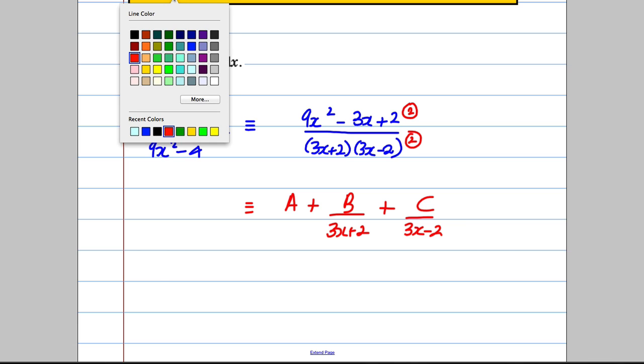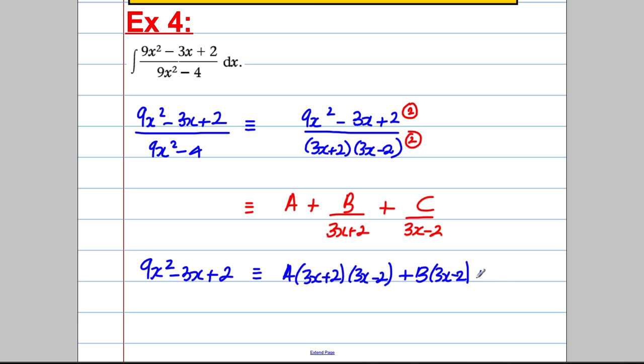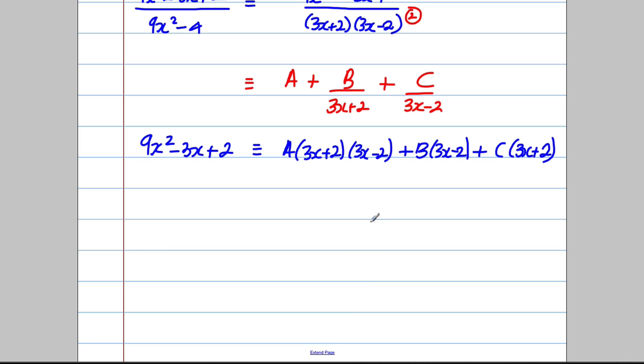So therefore my next line of working, if I made this have a common denominator, I could write that 9x squared subtract 3x add 2 would be the same thing as A times 3x add 2 times 3x subtract 2 plus B times 3x subtract 2 plus C times 3x add 2, like that. Now I could go ahead and find my A, B and my C easily now.